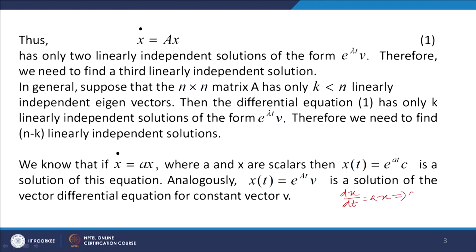So, that gives you dx by x equal to a dt, and so when you integrate we get ln x equal to at plus a constant, let us take ln c. So, ln x equal to at plus ln c, so x equal to c times e to the power at is the solution of this equation.